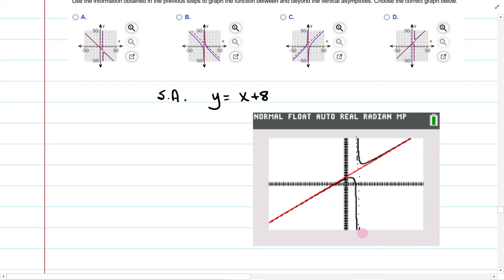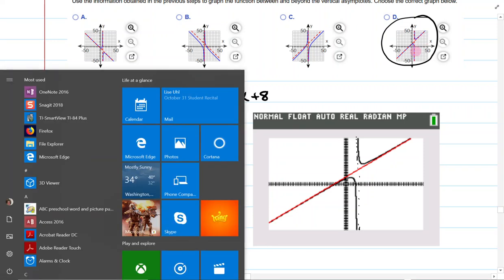It's as if when you have a slant and you have a vertical, you get two pieces of the graph, either here and here or here and here. And here and here is our option here. So if you take a look at these, the only one that matches is this one. You can see the little piece up here and the little piece down here.